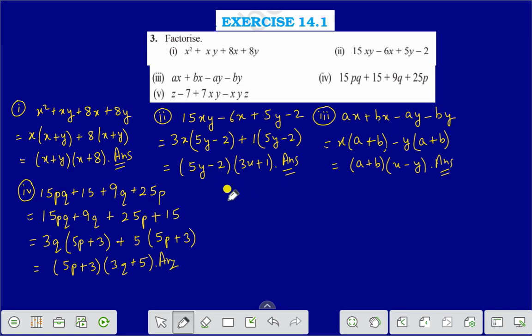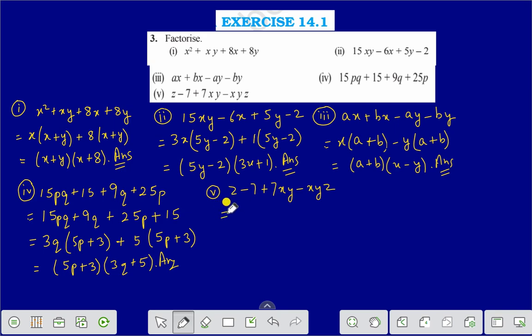We solve question number 5. Question number 5 here you see is z minus 7 plus 7xy minus xyz.